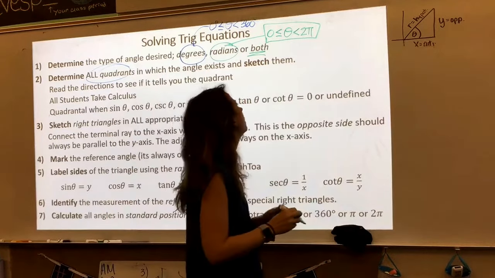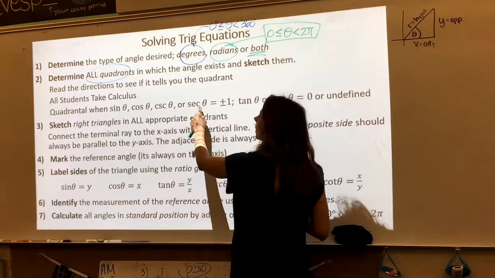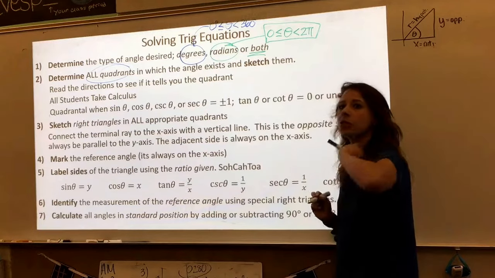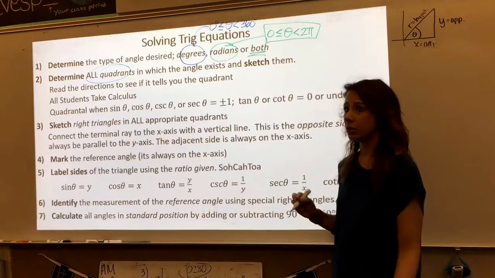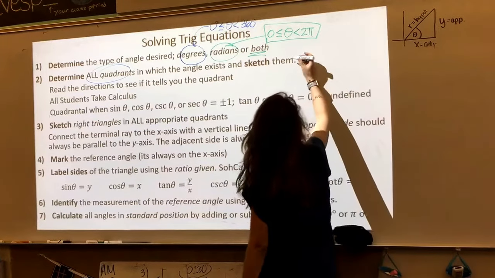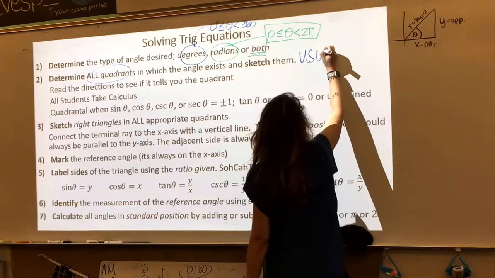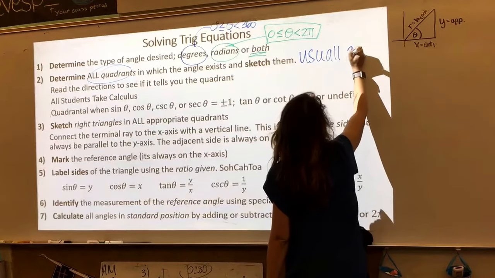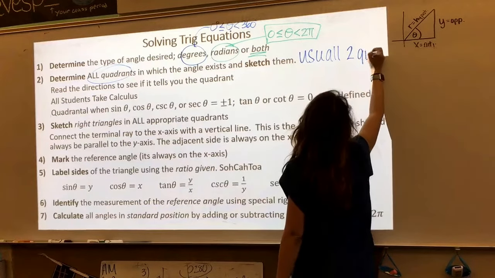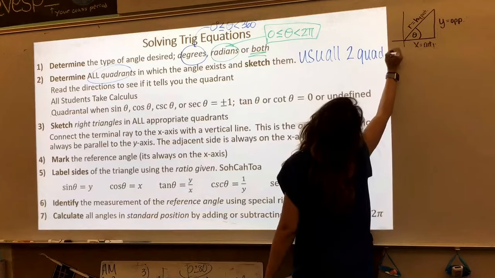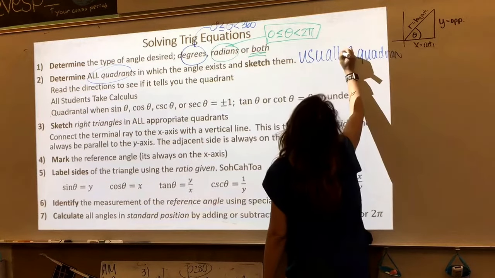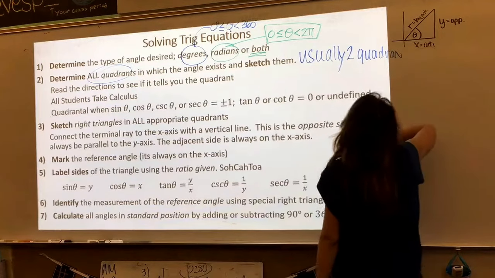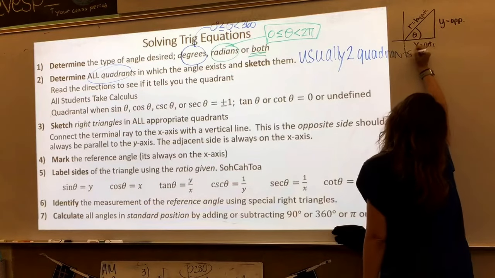Sometimes it is a quadrantal, and sometimes it'll be 4, but I think that is unit 2, not unit 1. Okay, so I'm going to write usually 2 quadrants. Not usually quadrant 2, usually 2 quadrants. Okay.